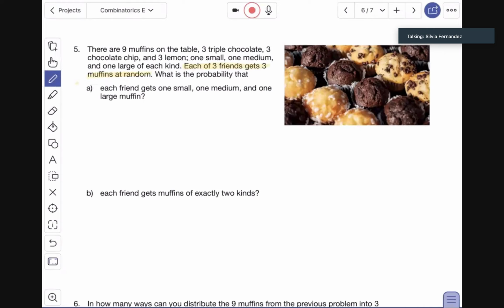So the total number of cases for your probability, the denominator, is just 9 choose 3, 3, 3. Again, this would be like different balls into different boxes. Those are the friends. So this is n equals 9 and n equals 3.